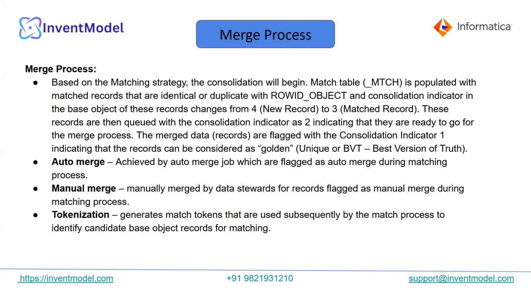Manual merge can be performed by the data steward team from the data manager, where they go and manually merge the records flagged for manual merge. Sorry, I will reverse my words. Whatever I was telling was for manual merge.